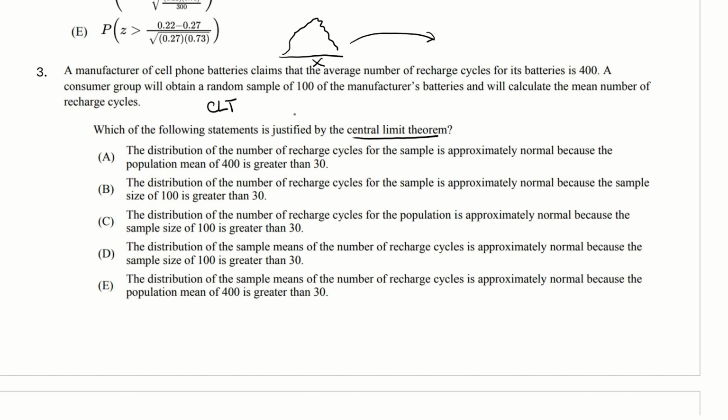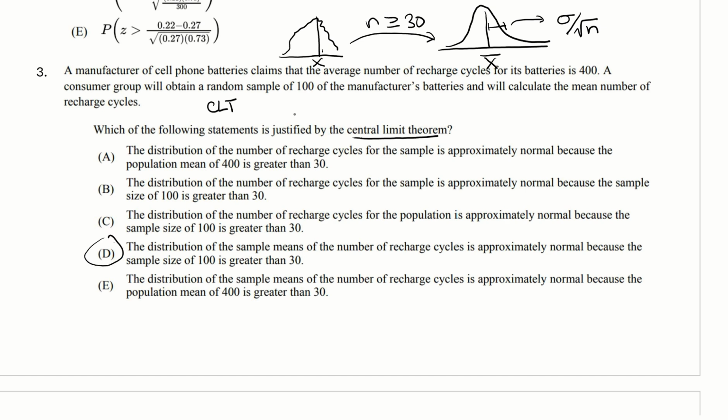If you take a large enough sample, n greater than or equal to 30, then your sampling distribution of sample means, your x bar, is going to approximate a normal distribution, where the mean of that sampling distribution is approximately equal to the mean of the original, and the standard deviation is going to be smaller than the standard deviation of the original because it follows this formula. So in that case, the answer is D.